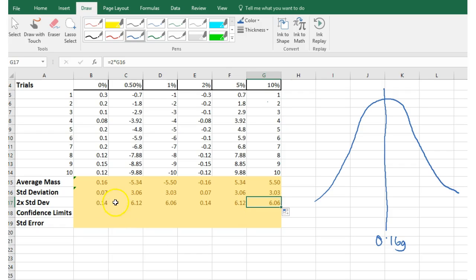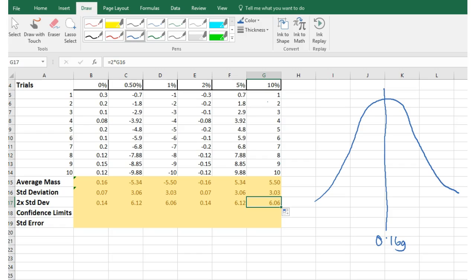Quite a lot of difference in your standard deviations there, and that's essentially because we have a lot more error in some columns than others. Remember, standard deviation is a measure of how far the data spreads out from the mean, the average number. The bigger the standard deviation, the more the data is spread out, the more error you have.